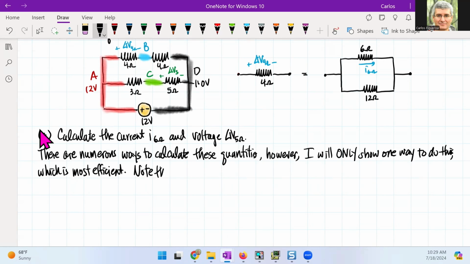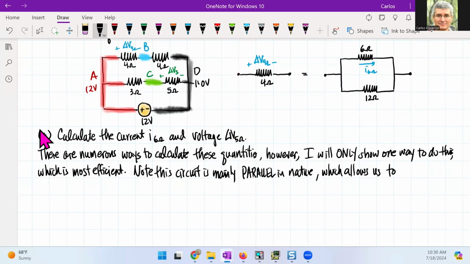Note, this circuit is mainly parallel in nature, which allows us to make this observation.